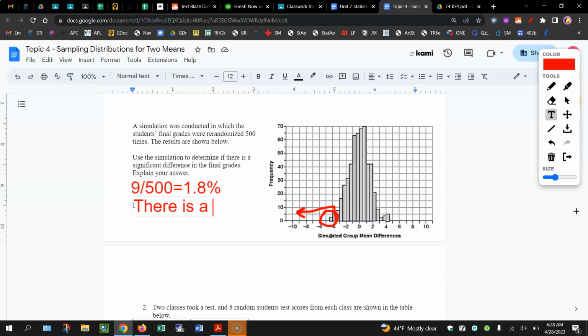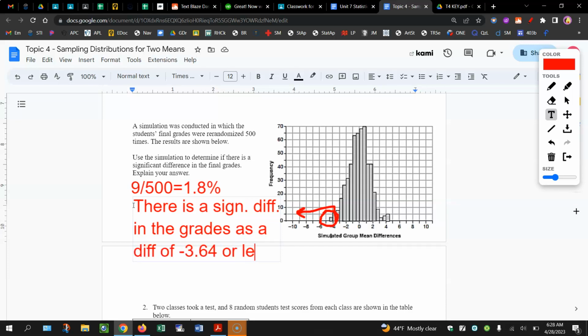There is a significant difference in the grades as a difference of negative 3.64 or less only occurs 1.8% of the time, which is less than that 5%.